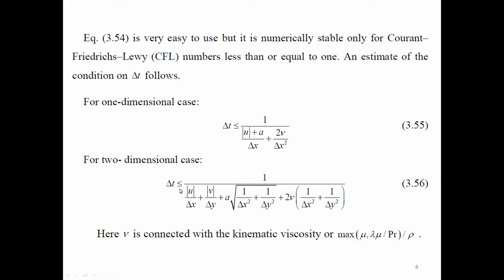Delta t should be less than or equal to 1 over this expression, absolute value of u over delta x plus this, the speed of sound multiplied by the square root of this expression, plus 2 multiplied by nu multiplied by this sum, 1 over delta x to the second power plus 1 over delta y to the second power.